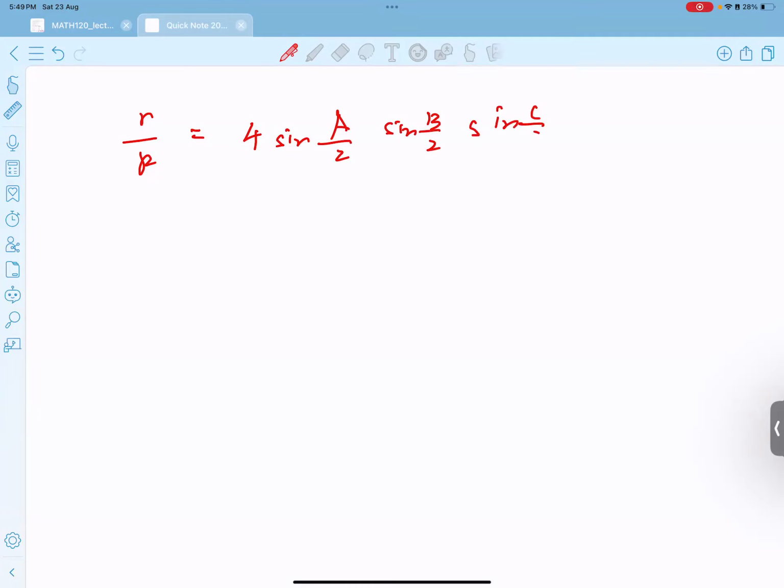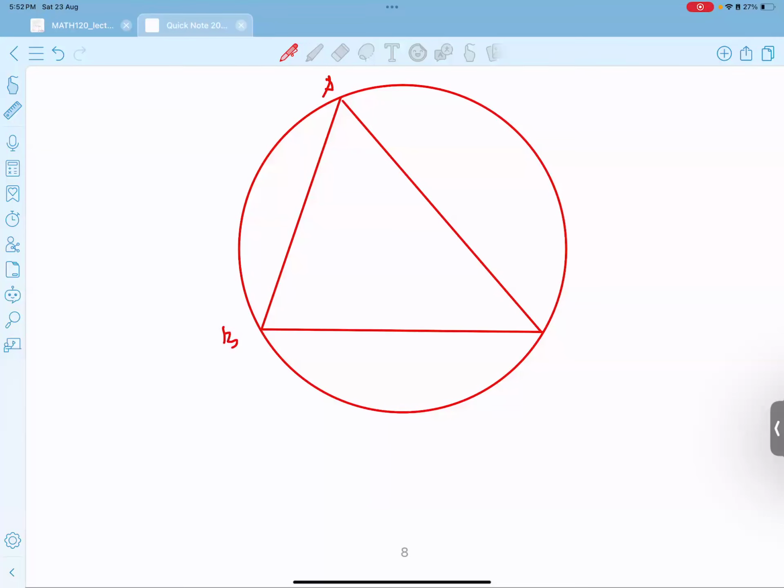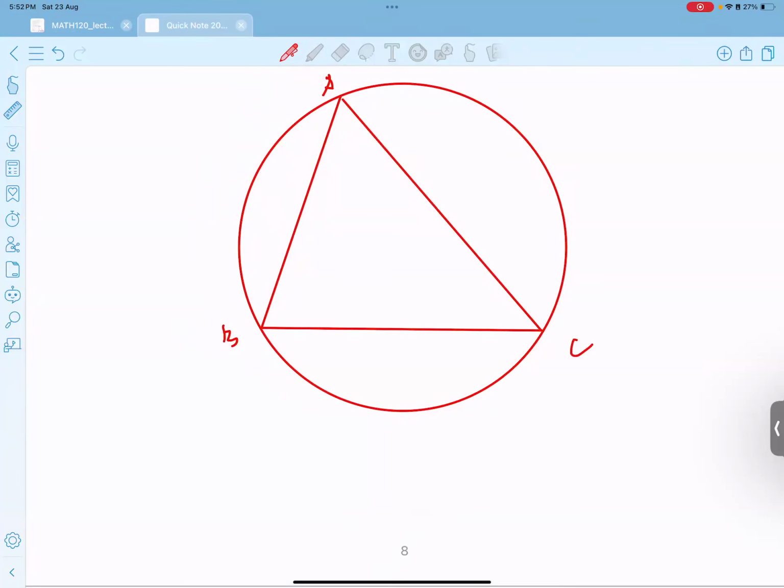We consider the midpoint of arc BC, and naturally this is the angle bisector, and naturally we have the incenter-excenter lemma.